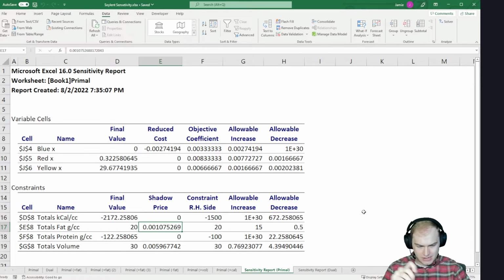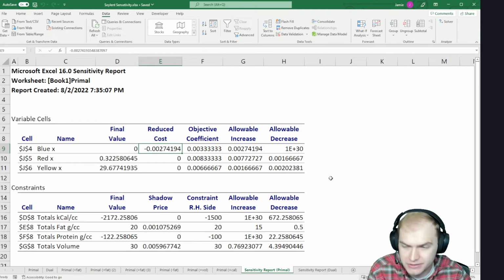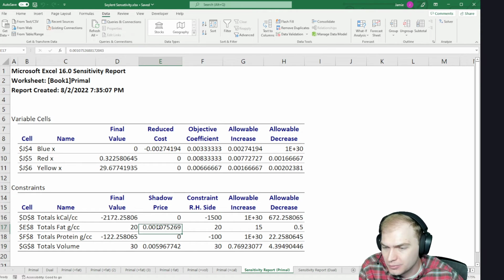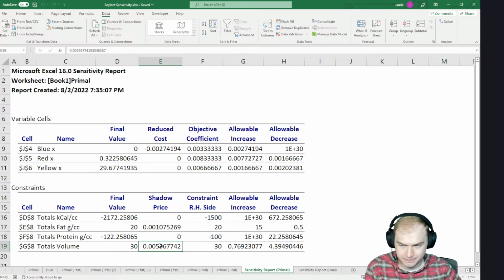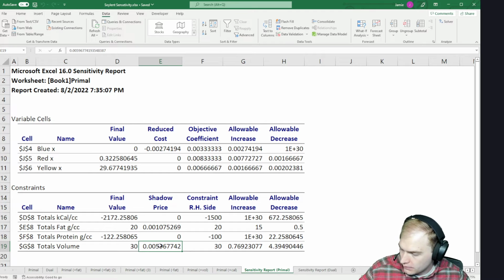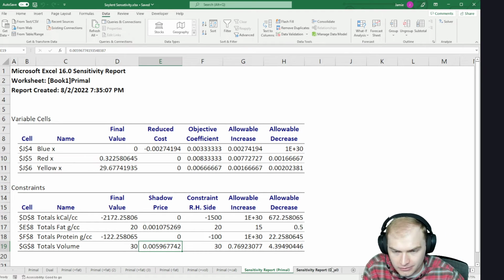But on this page, the reduced cost is negative. I'll define reduced cost in a second. And the shadow prices are positive, which would mean a positive improvement in the objective function value. So that is that screen. We'll come back and look at that again in a second.